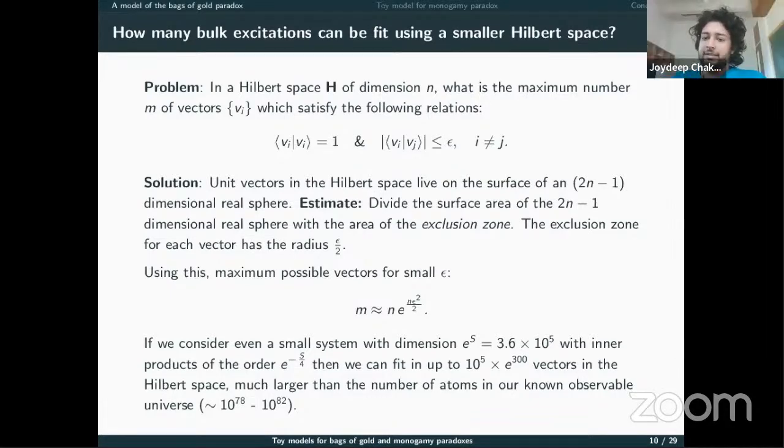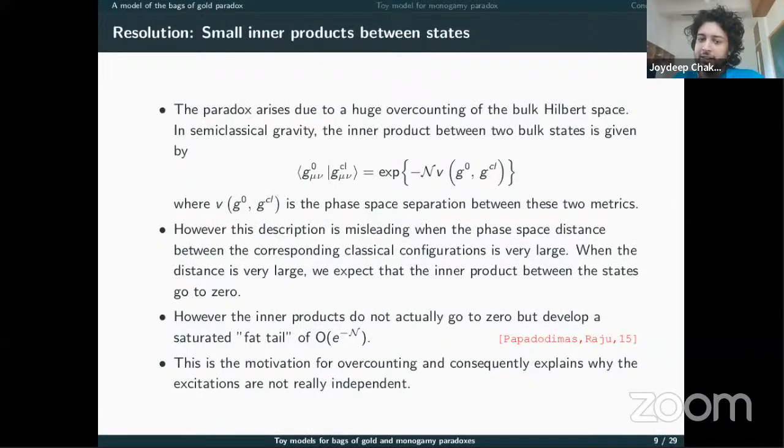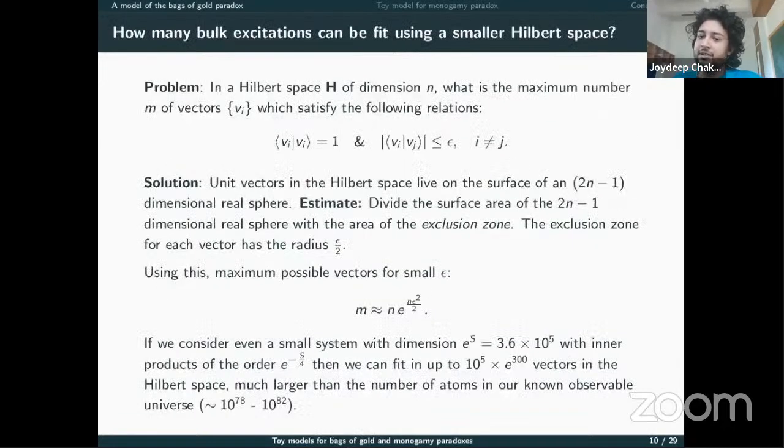Well, even if this saturated fat tail of order e to the minus N is some e to the minus delta, and the actual dimension is some e to the N, then if delta is less than 1, this becomes a large number, and in addition you are again exponentiating that. So it's really a large number.